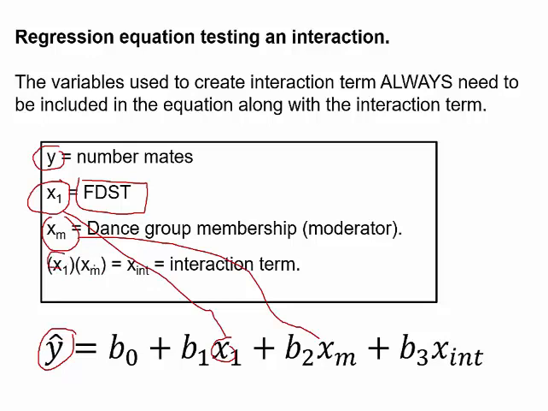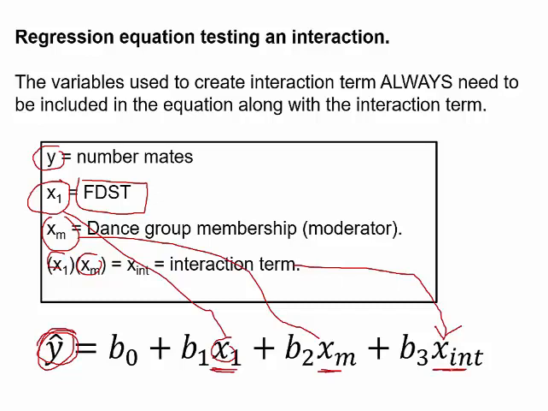Everyone's score on x1 times their score on the moderator, created an interaction, and I put that interaction right there. So now I have a multiple regression equation with three predictors. The outcome variable is the score on the number of mates, and I'm predicting number of mates with froggy dancing skills test, x1, and group membership, moderator, dance group membership, and the interaction term. X interaction term is the product of x1 and the moderator.